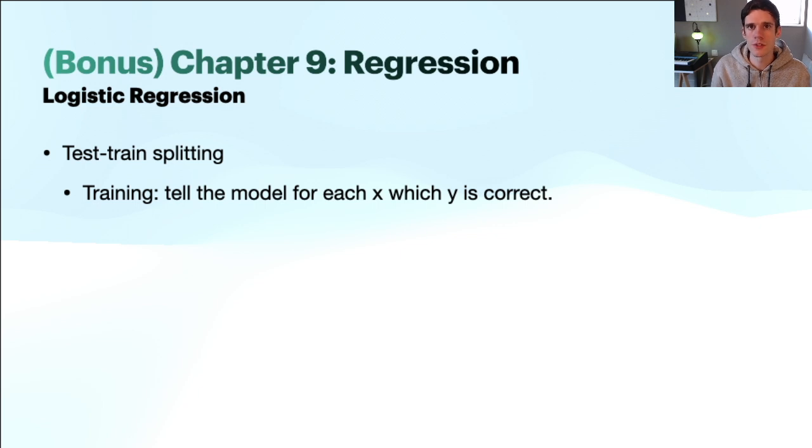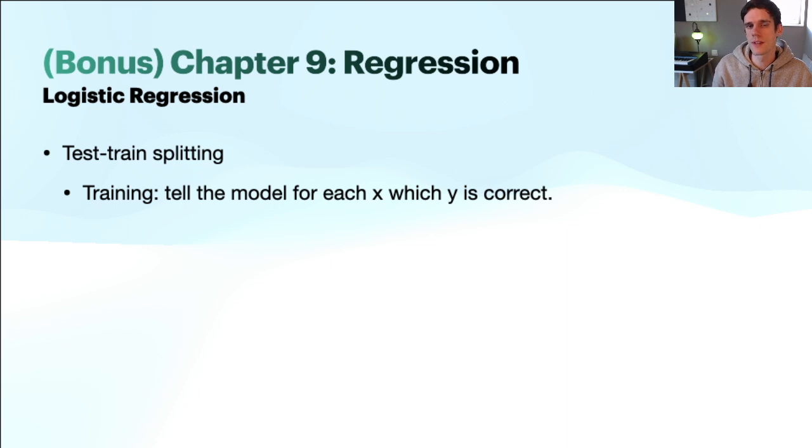Let's say that you're training a model that should be able to distinguish between pictures of dogs and pictures of cats. In the training step, you take the training data, so roughly 80% of your overall data set, and you tell the model, this is a picture of a dog, this is a picture of a cat, another cat, a dog, and so on for each image in your training data set.